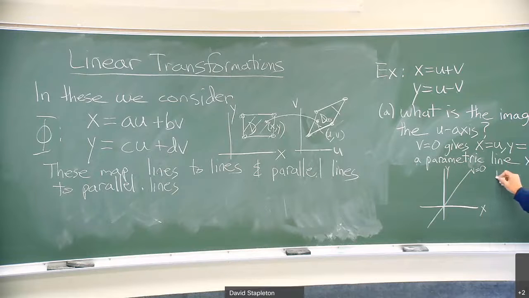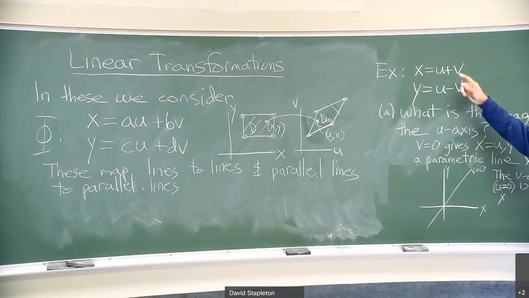And then correspondingly, where does the v axis map to? Well, the v axis is u equals 0. Now we get x equals v and y equals minus v.